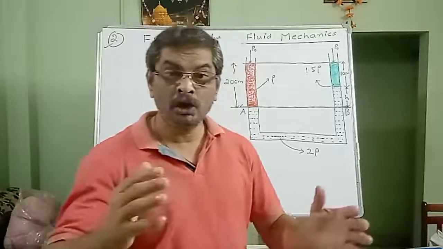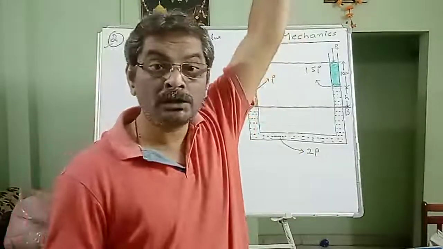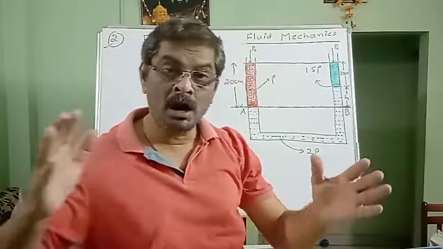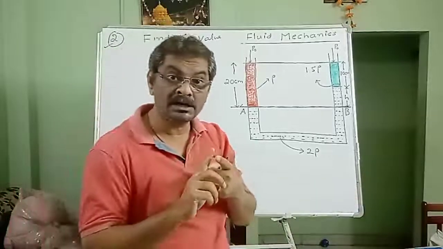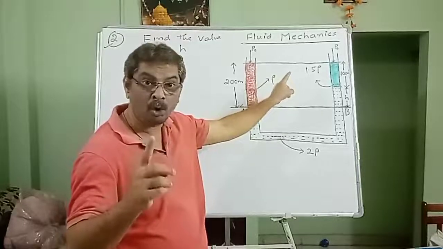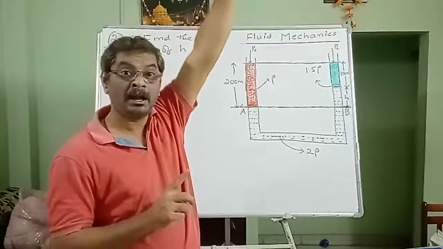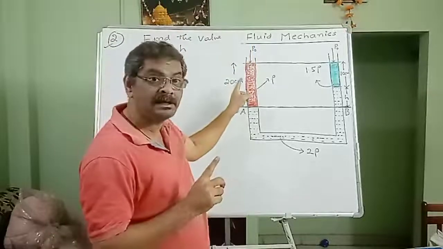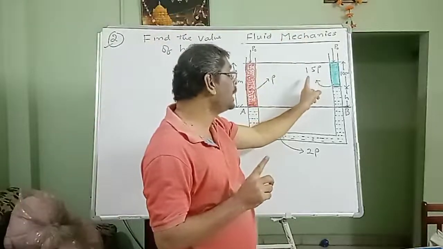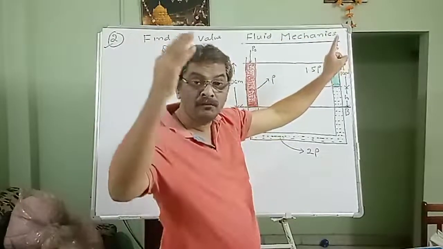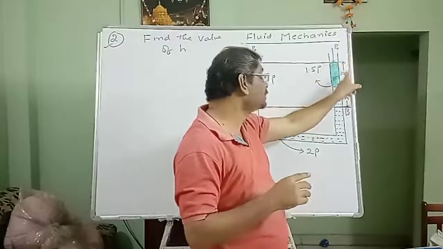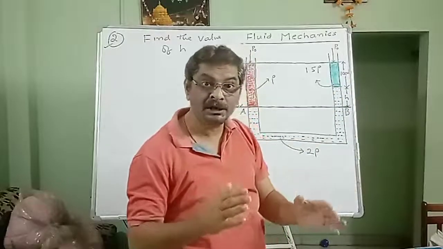Once again, if you come to the problem, what the problem says is a vertical U-tube consists of a liquid of density rho, having the length column 20 centimeter. Another liquid of density 1.5 rho is taken in the right arm, having the length column 10 centimeter.